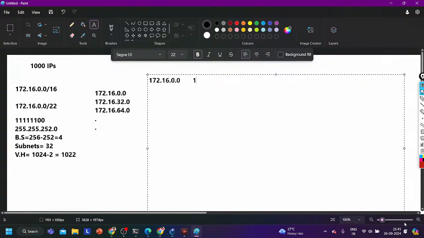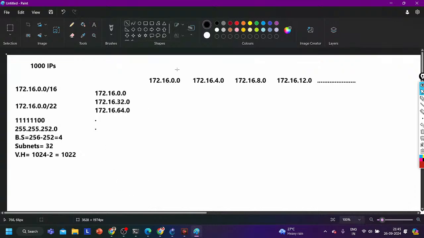Second network 172.16.4.0. Third network 172.16.8.0. Fourth network is 172.16.12.0, and so on like this. Sorry, I thought block size was 32.